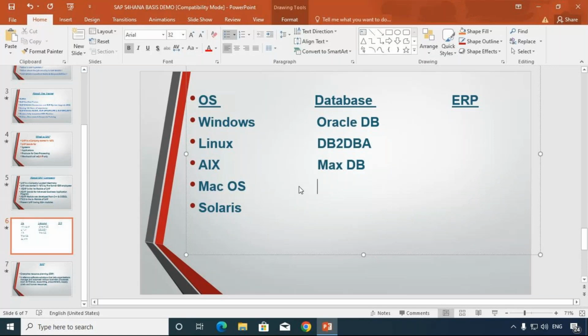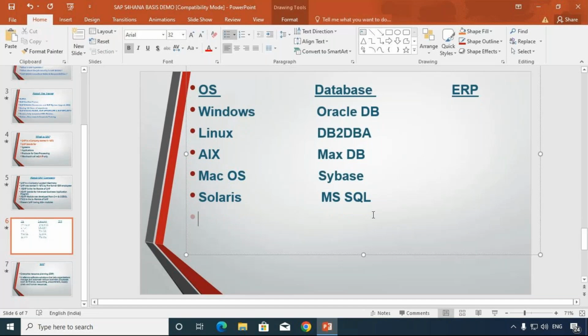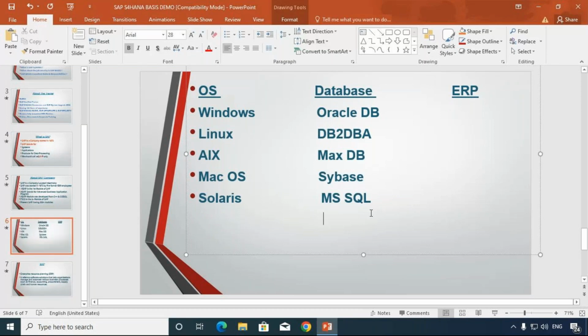Sybase is one of the databases. MS SQL Server is one of the databases. And Hana DB, SAP's own database, is one of the databases.